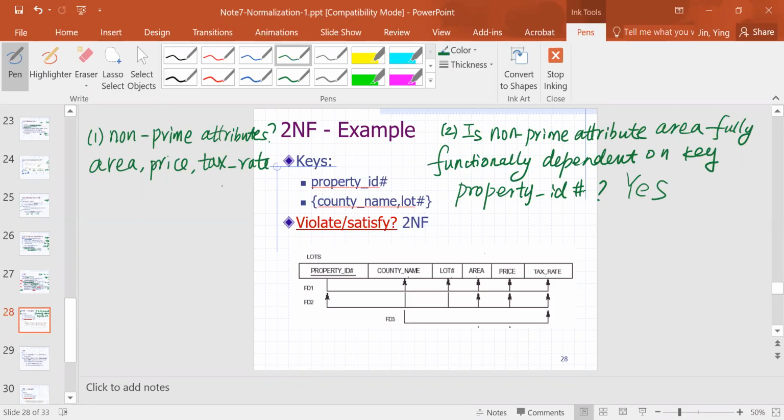Not only that, we can also see price and tax rate. That's the same situation, just because the left-hand side only has one attribute. They all are fully functionally dependent on this particular key, right? So let me write this down.